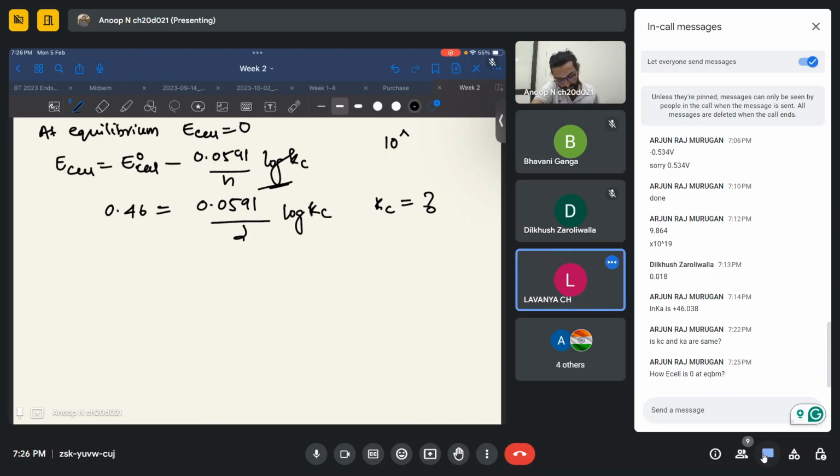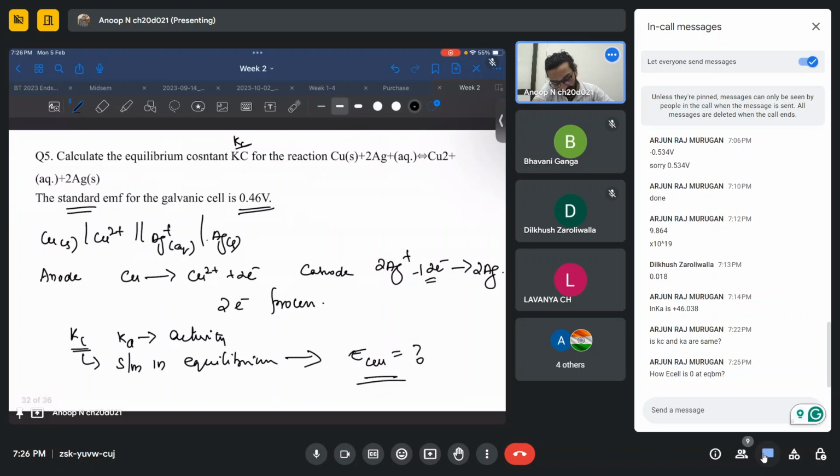Yeah, so here we are asked to find the equilibrium constant. Since Kc they asked, we'll take the system is at equilibrium. At equilibrium, the system E cell is 0. How it comes, I will show you the derivation in the next class. So don't worry. At equilibrium, the cell potential will be 0.